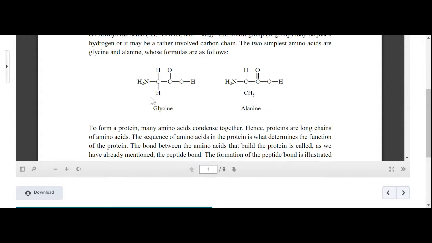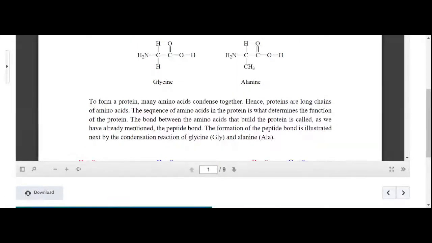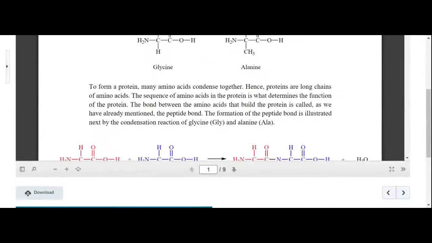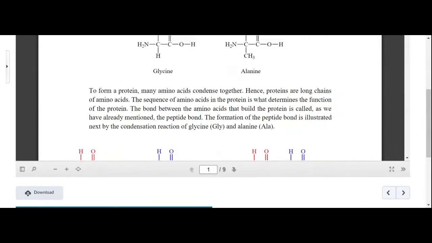So basically either hydrogen or the CH3 here. If this R group is acidic, then your amino acid is going to be acidic. Hydrogen is not acidic, and CH3 is not acidic, so it's actually going to be neutral. So these two amino acids are neutral. They are among the simple ones, and they are both neutral amino acids.